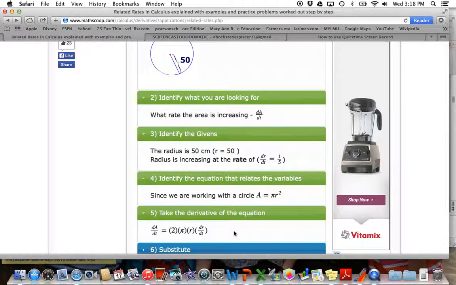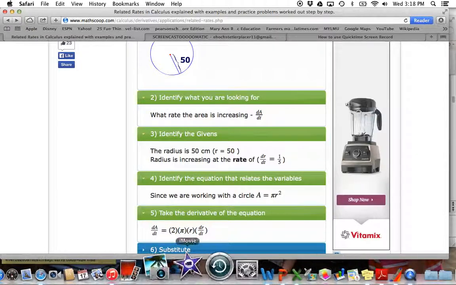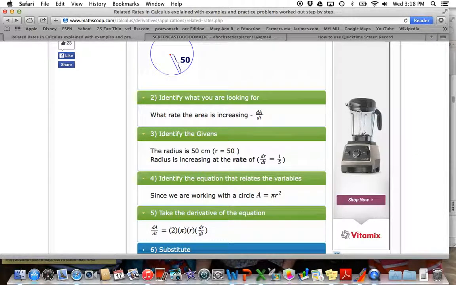So you have to attach that extra piece. With every variable, you attach whatever the variable is over dt. The derivative of A is dA dt. The derivative of r is dr dt. If we had an x in there, it'd be dx dt. Okay, so that's our derivative.